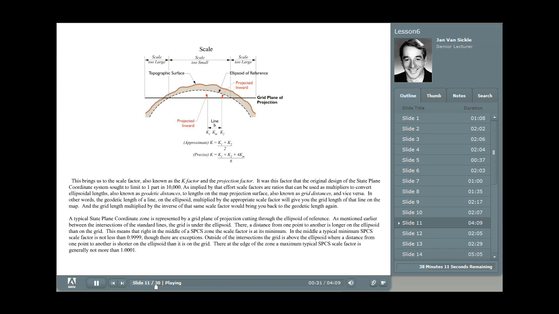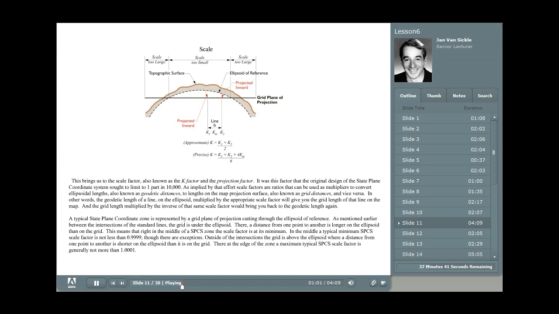These scale factors are therefore ratios and can be used as multipliers to convert ellipsoidal lengths, also known as geodetic distances, to lengths on the map projection surface, which are also known as grid distances. So to convert from geodetic distances to grid distances, and vice versa, you can go the other way too. In other words, the geodetic length of a line on the ellipsoid multiplied by the appropriate scale factor will give you the grid length of that line on the map.